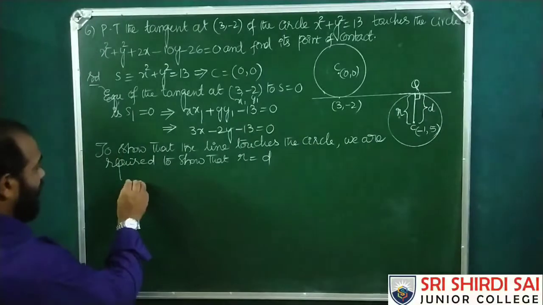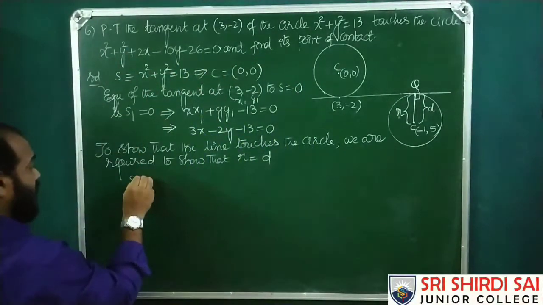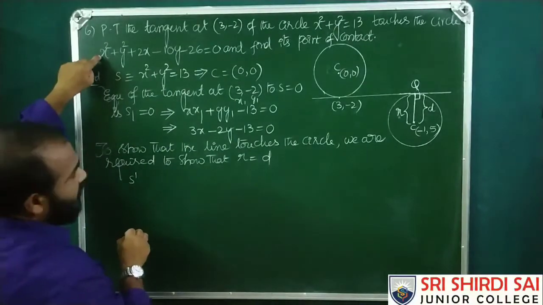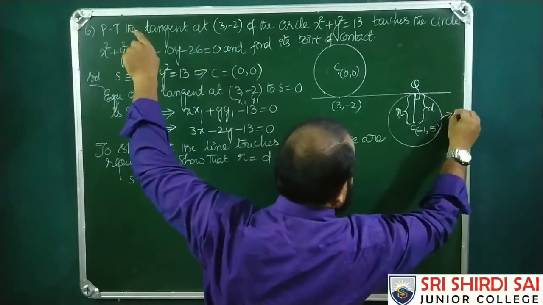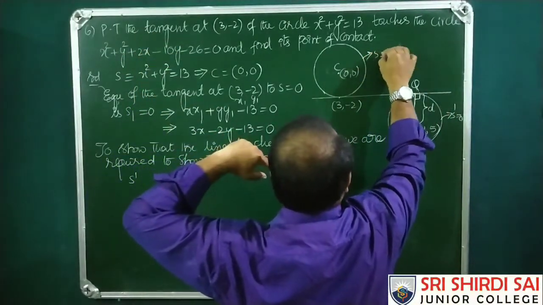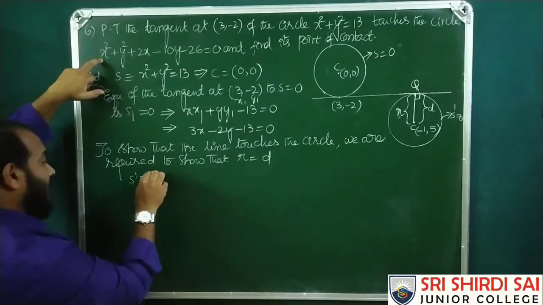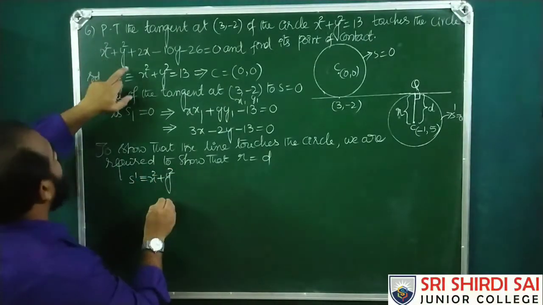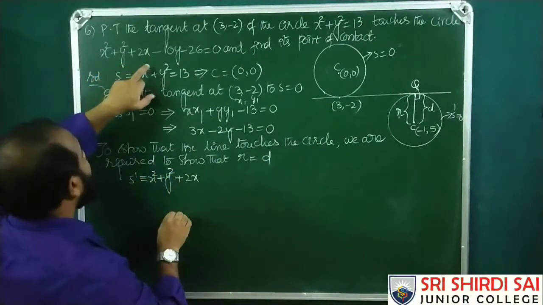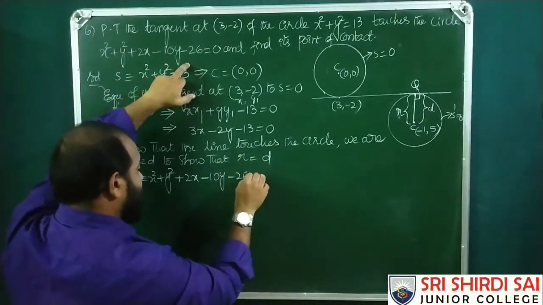So what is the other circle? Let us suppose that it is S dash equals 0, and this is S equals 0. So S dash is x square plus y square plus 2x minus 10y minus 26 equals 0.